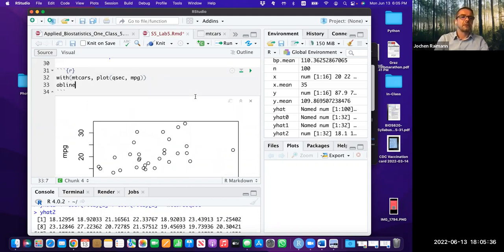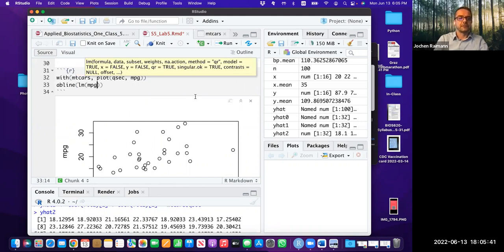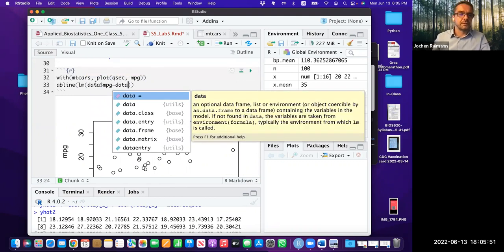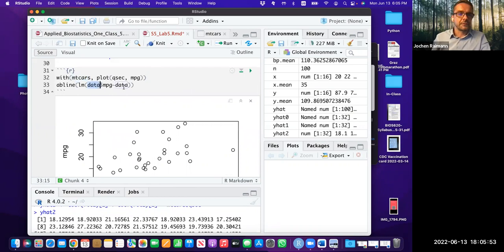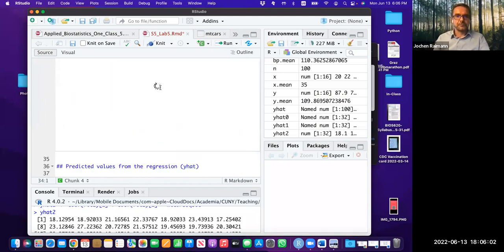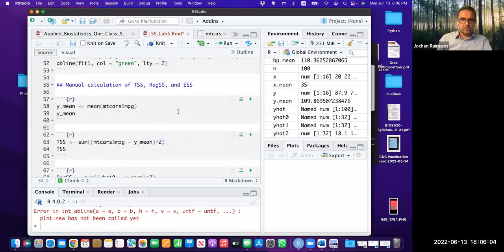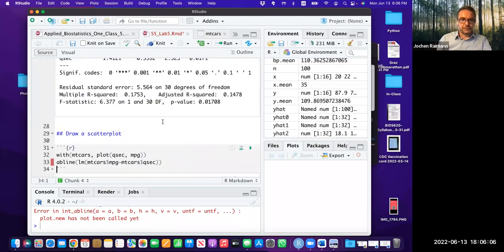lm of MPG as a function of data cars QSEC. By fitting this line through, what happened?